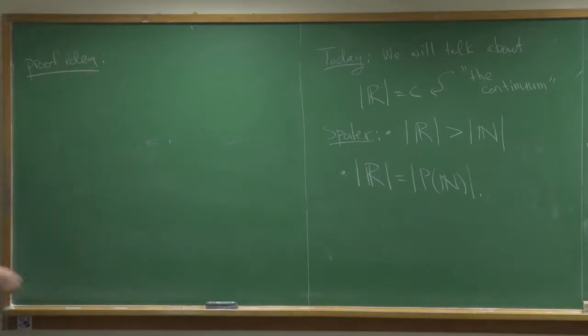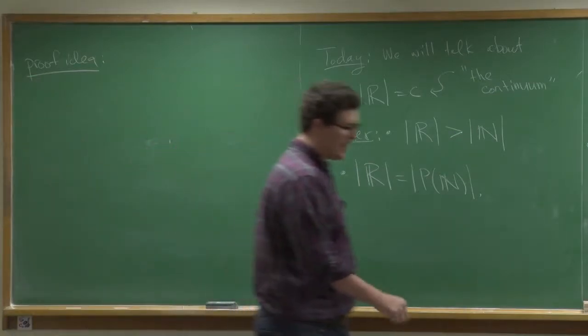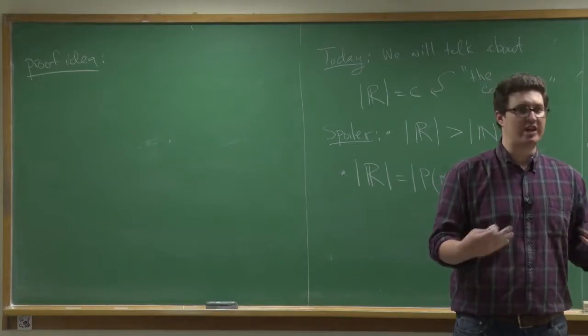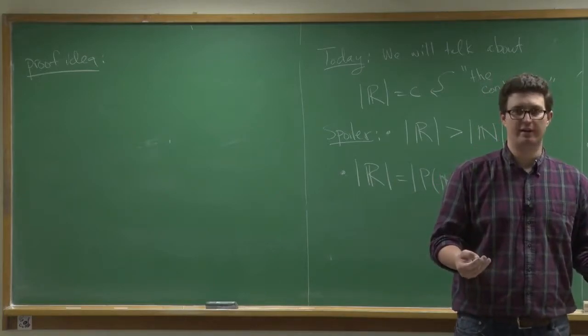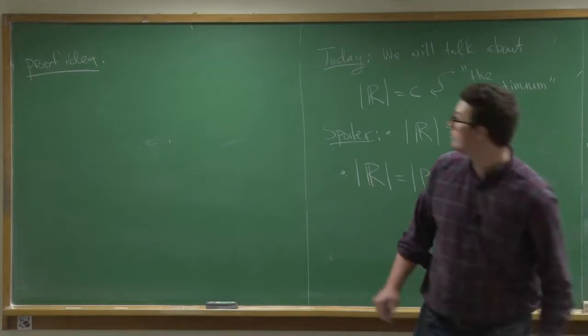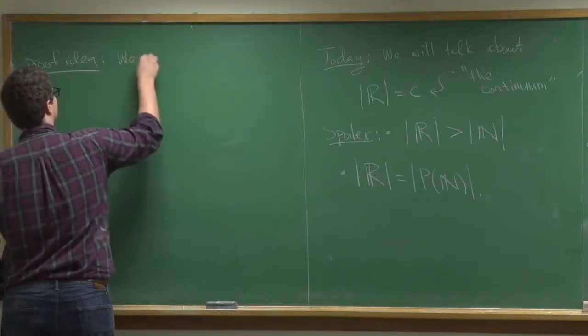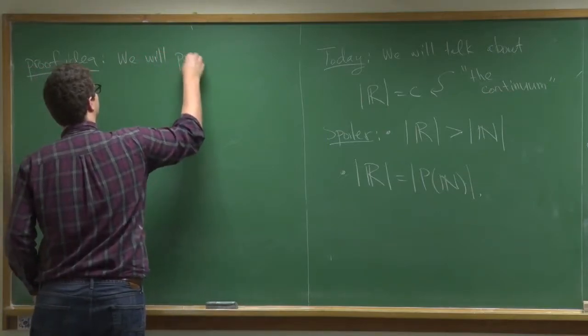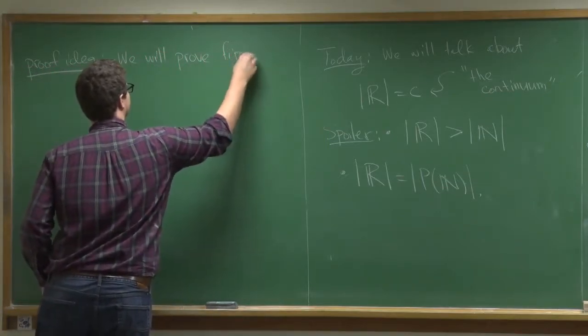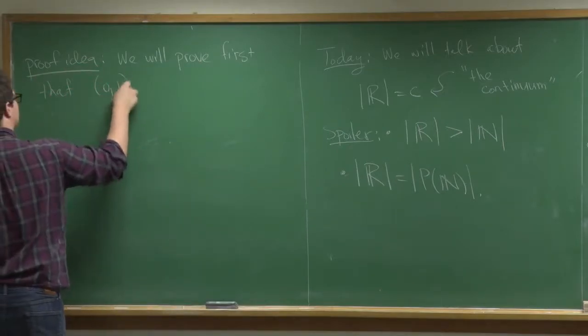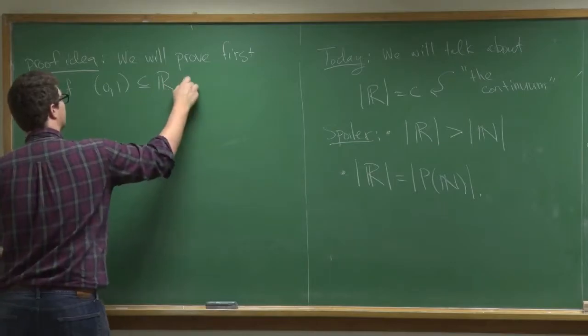Suppose someone in class comes and says, okay, I have a list. Suppose that we can generate some list of real numbers. So let me prove first that this interval is uncountable.